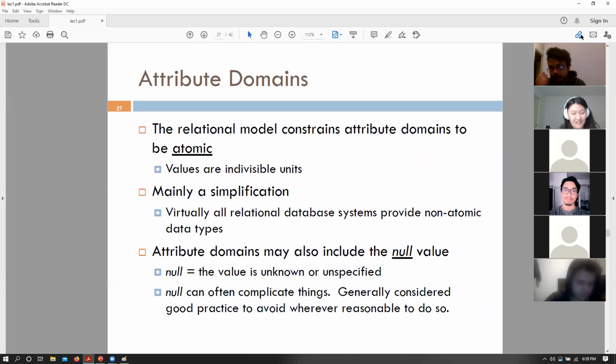So, another thing, attribute domains, or attributes, need to be atomic. Now, what do I mean by that? Atomic means that if I want to change the value of a particular attribute within a tuple, I will not be allowed to change part of that attribute.